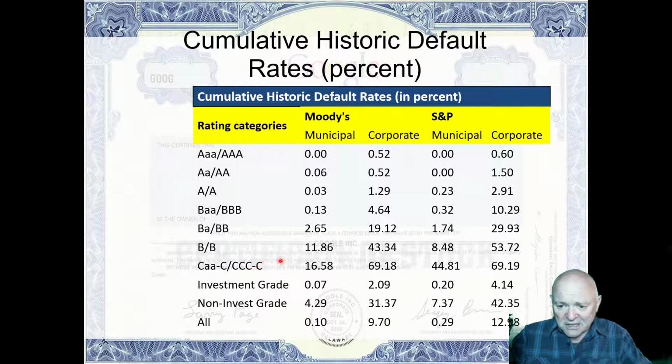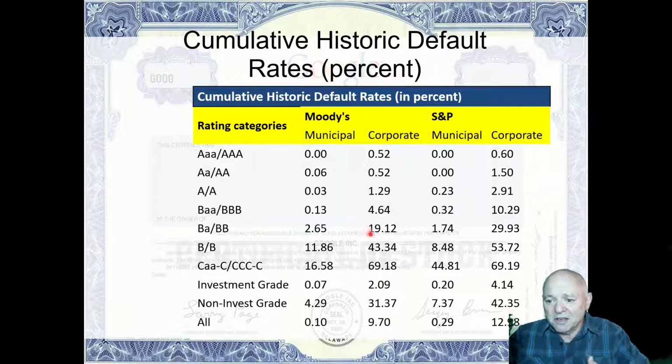So if you were at the beginning of the year a AAA rated company, the chances, according to Moody's, of a corporate bond falling from one ratings category to another within one period would be 0.52%, very small. The chance of actually failing, 0.52%. If you're a triple C rated company, a Caa company, the chances of you failing within 1 year, about 69%. So essentially this tells us what's the probability of an outright loss as a result of our investments.